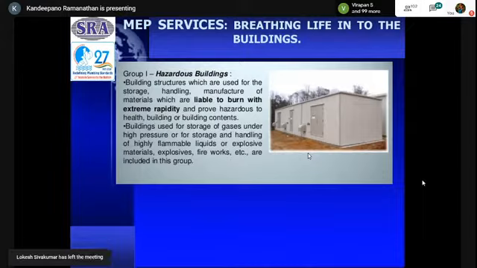Like a hospital may need certain services like medical gas systems, oxygen or nitrous oxide, etc. Certain services and certain specifications are required for that especially. So that is why these classifications have been done.